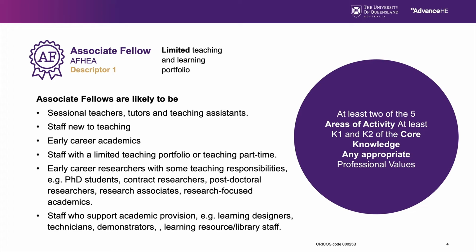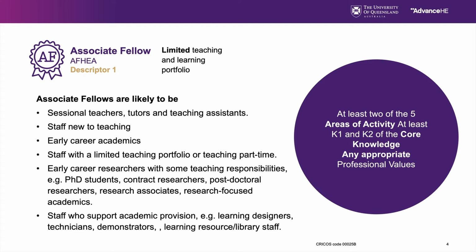You would also need to be able to illustrate your knowledge of what constitutes an appropriate teaching practice for this area. That means that you know what's appropriate for you to teach in this space. That's the K2 requirement. You also need to be able to describe any appropriate professional values that you might actually have. Typically, we would see associate fellows taking on the multiple roles illustrated here.